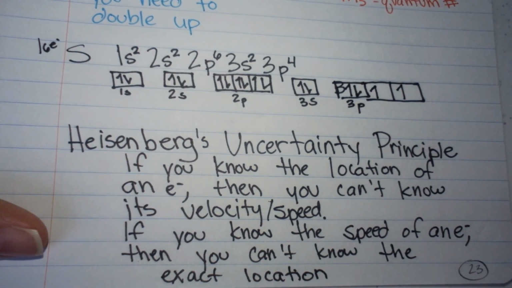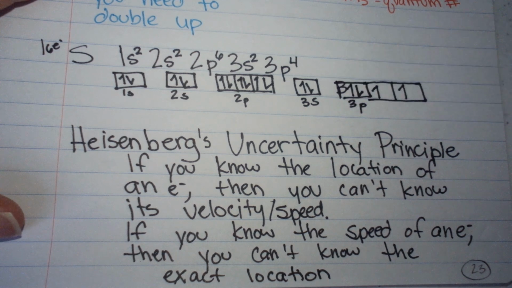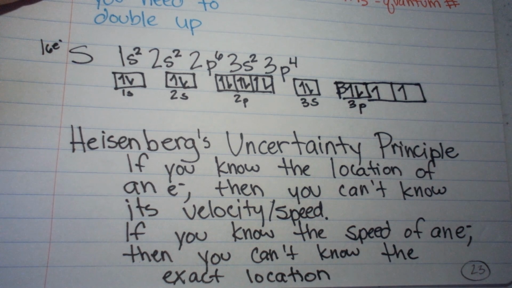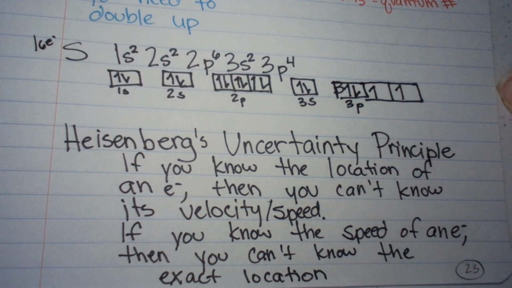So once again, we are thinking about all of these things and we know that they're true, but it's really hard to pinpoint those electrons. You would be able to calculate it.